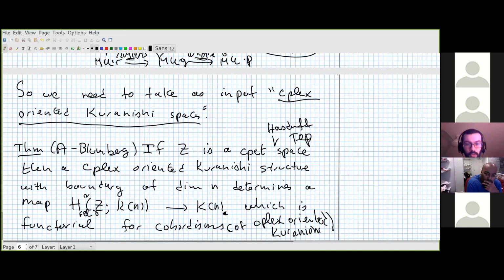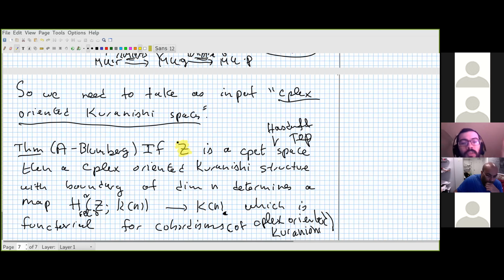And what we prove, with Blumberg, the key technical result, is that if you give me a topological space Z, and let's assume it's compact and Hausdorff, then what you can ask yourself is, can I lift it to give it a Kuranishi structure?